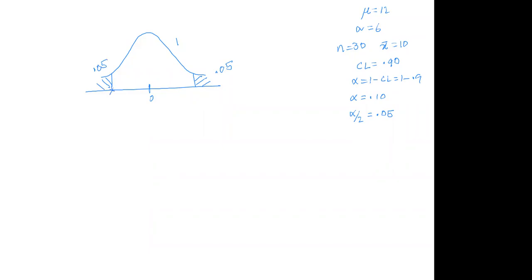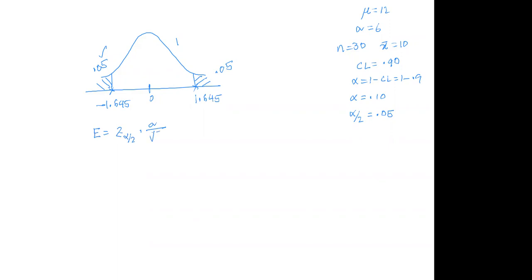Now again, for these points, you look at the standard normal distribution table for 0.05 probability, the z-score is negative 1.645, and positive 1.645 by symmetry. So your margin of error E is equal to Z sub alpha over 2 times sigma divided by square root of the sample size.